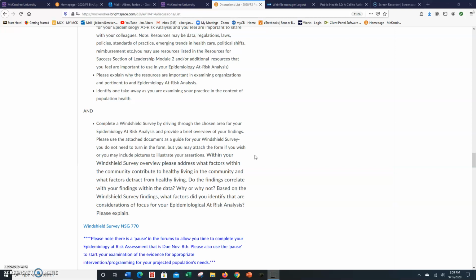So we need to look at what are those environmental factors, those social factors that impact health outside of an organization, because that informs us on how we can better serve those while they're within an organization or a practice, and helps us to get the big picture of the experience of health.